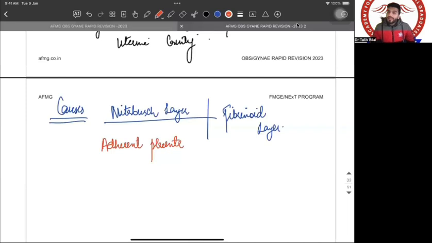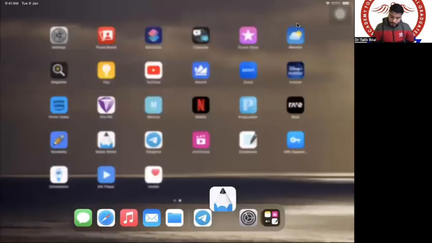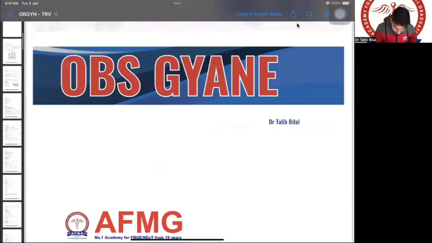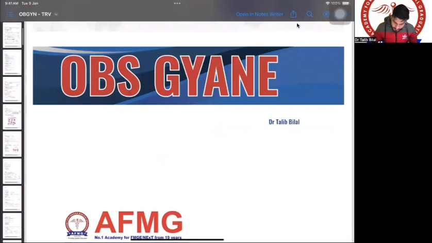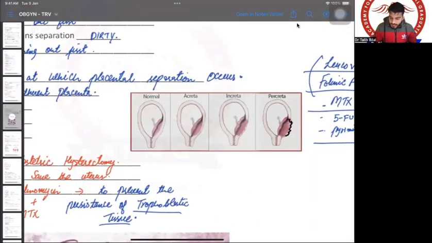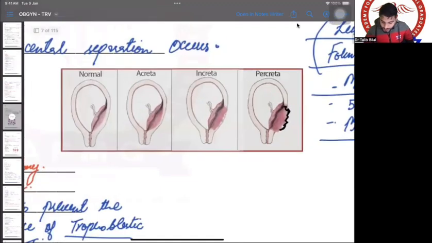Then depending upon the degree, it can be accreta, increta, or percreta. What do I mean by accreta, increta, and percreta, guys? This is the accreta, this is increta, and percreta. Once the placenta is attached to the uterine muscles, can you see, guys, it will be very difficult to take the placenta out.